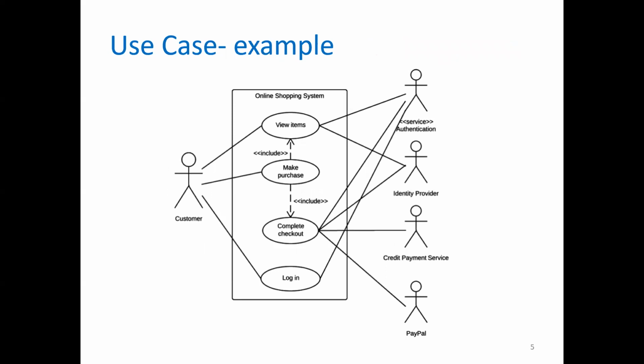Refer to the diagram or the illustration on the slide. The stick figures represent actors. The ovals represent use cases. The lines between actors and use cases represent the connectors. And the rectangle, which is around the use cases, represents the system boundary.